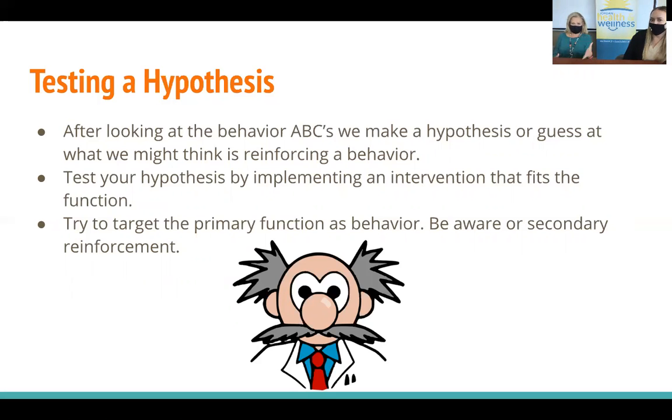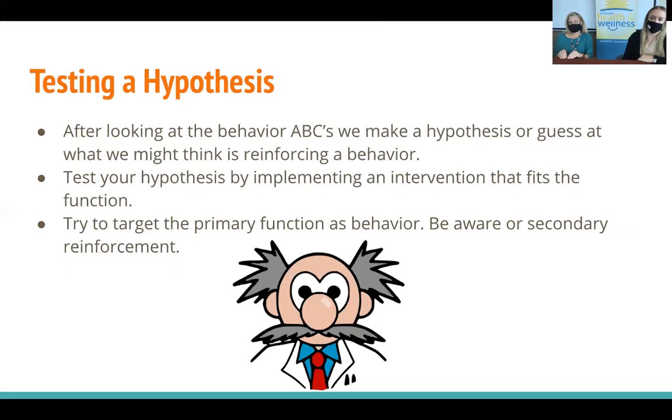So then we do the ABCs, we look at the behavior, and then what we're going to do is make a hypothesis and test our hypothesis. So that's basically using the information we've gathered and deciding what we think is reinforcing this behavior. You're going to test your hypothesis by implementing an intervention that fits the function.